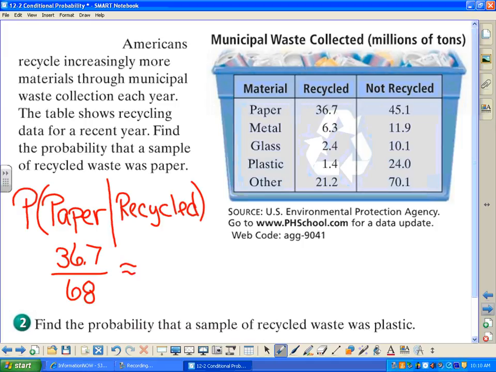About 54%, yep, that's what I had also. Could you do the same thing if it said, find the probability that a sample of recycled waste was plastic? It'd be pretty much the same thing, except the numerator would be 1.4. About 2.1%. That's what I ended up with also.